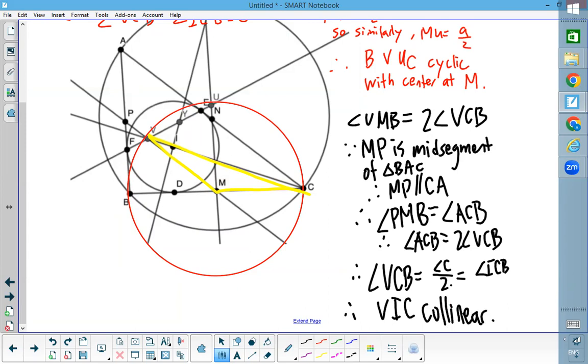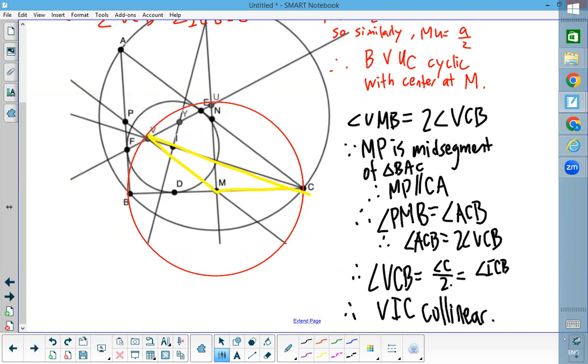Well, to solve this problem, we have to take a look at this diagram. There are a lot of cyclic quadrilaterals. If there are very few cyclic quadrilaterals, those problems tend to be easier. This problem is a little bit more difficult because there are more cyclic quadrilaterals, but it's also not that bad.